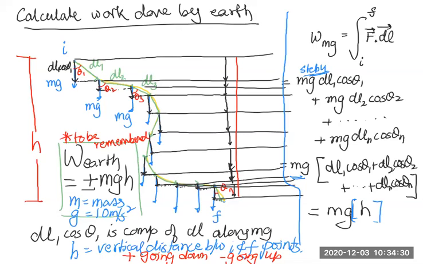All you have to do is look at the initial position of the particle, look at the final position, work out the vertical distance between the two positions, and just write W is equal to plus minus mgh. If the final position is below the initial position, then it will be plus mgh. And if the final position is above the initial position, then the work done will be minus mgh.